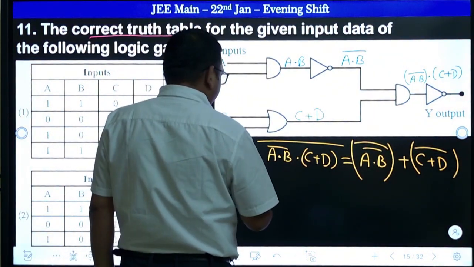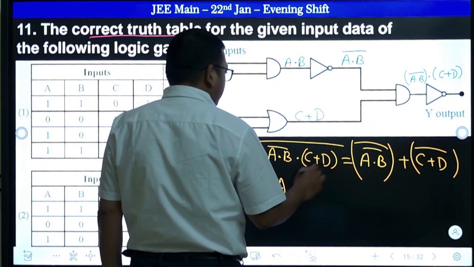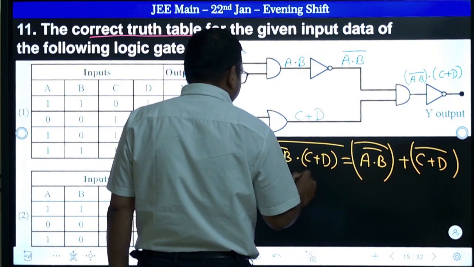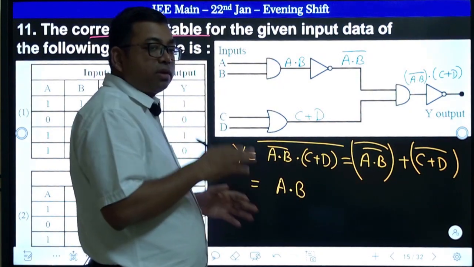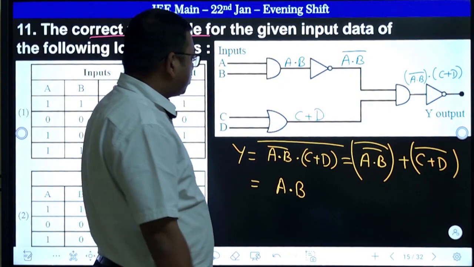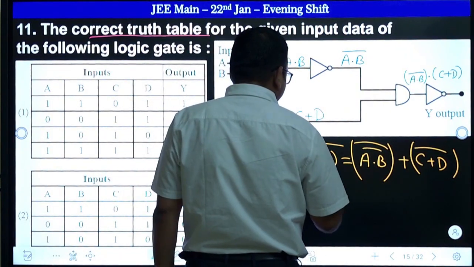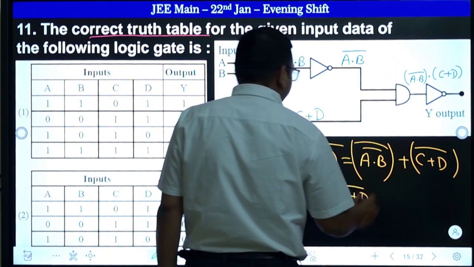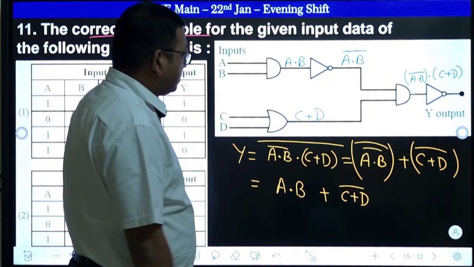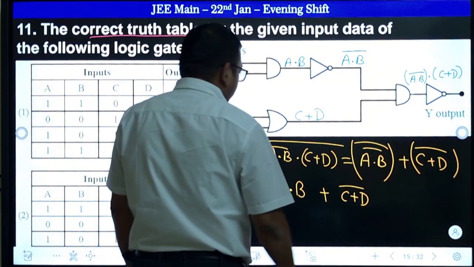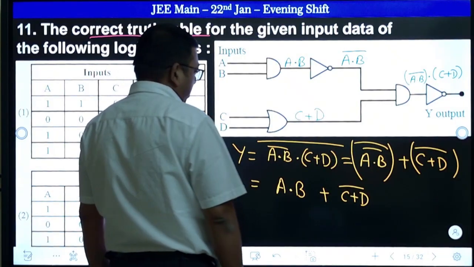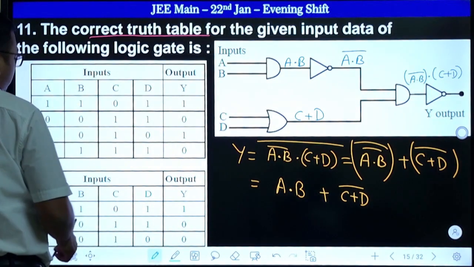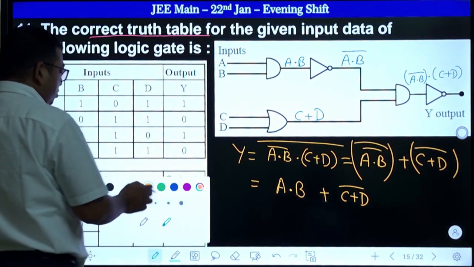Now here the bar will get removed, and it will become A dot B. So this plus C plus D bar. Let it keep like that. I think now you can try to solve it and check each option.